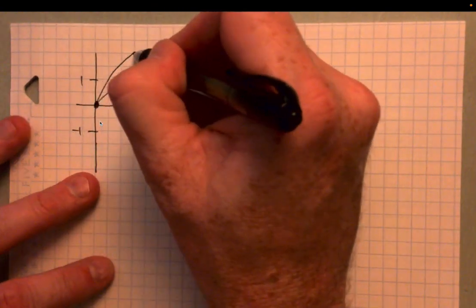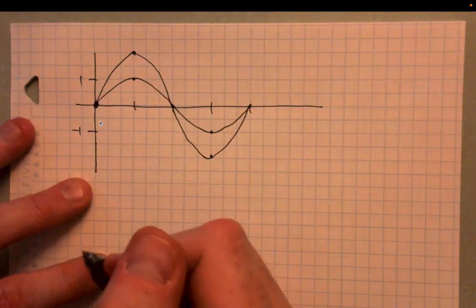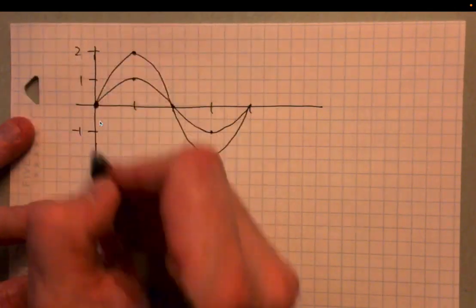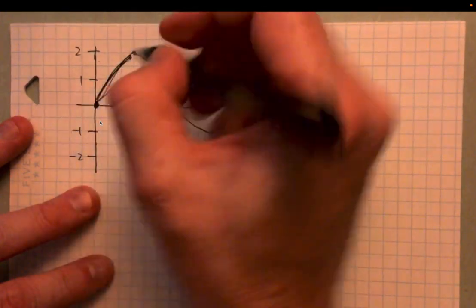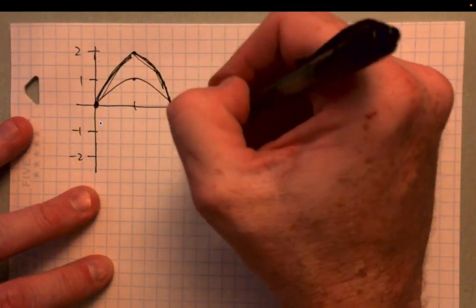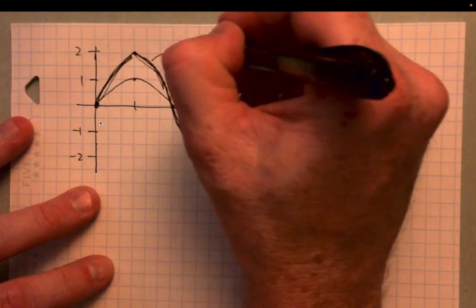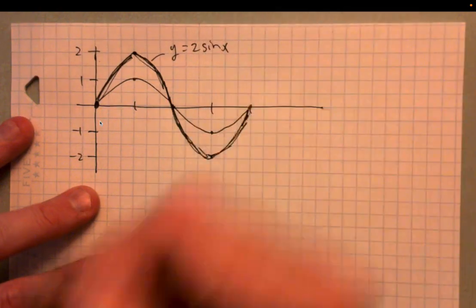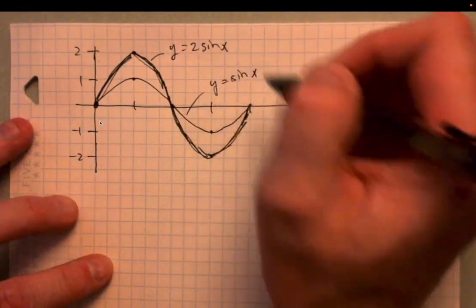So maybe it comes up like this, and then comes down like that. Let's say that goes up to 2 and maybe down to -2. So this guy here, the darker of the two, is y equals 2 sine of x. And then this one is the normal one, y equals sine of x.